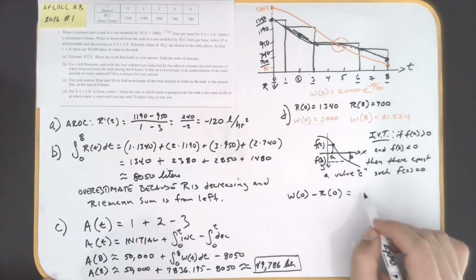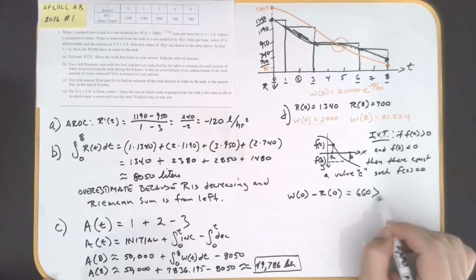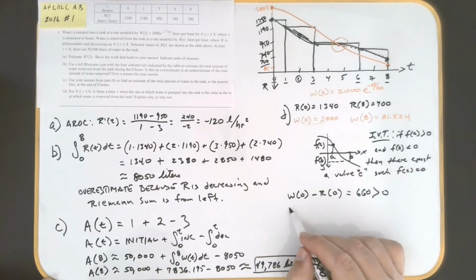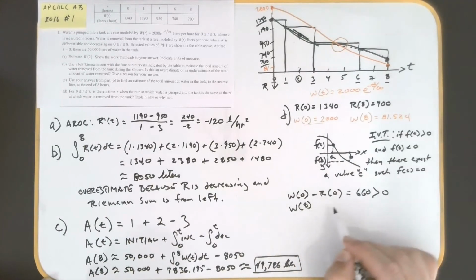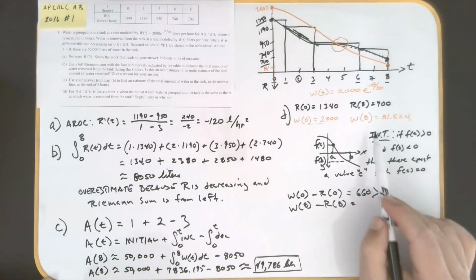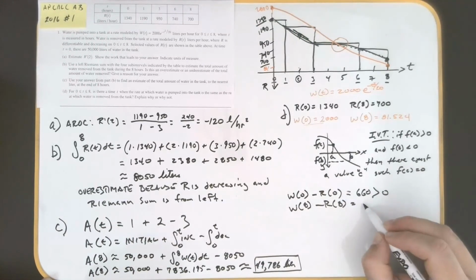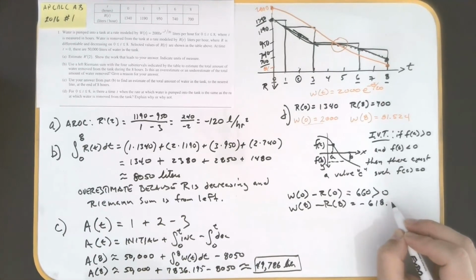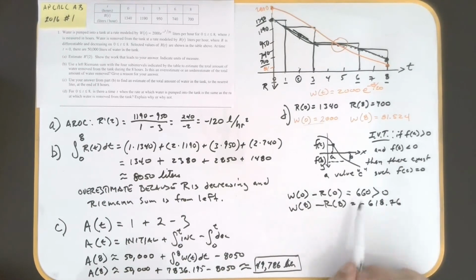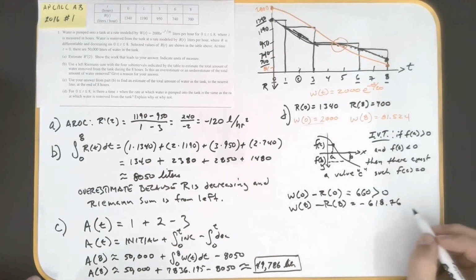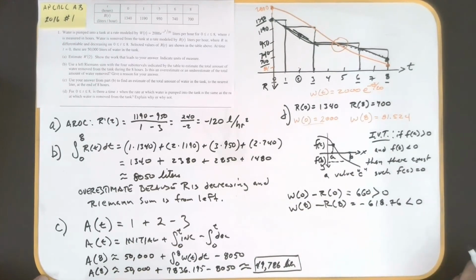Now at the end of the day, W of 8 minus R of 8, that's going to be negative 618.476. I'm getting these values from up here. If I subtract them, I get this negative number, and that's less than 0.